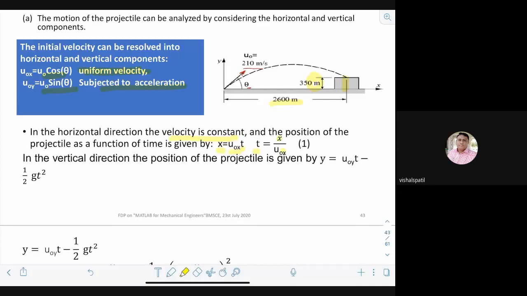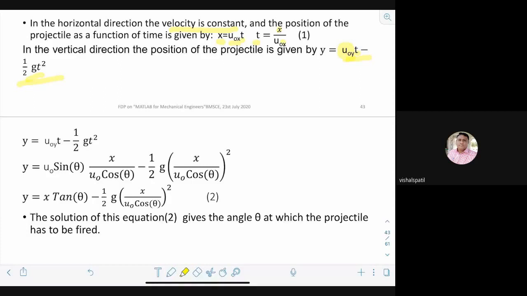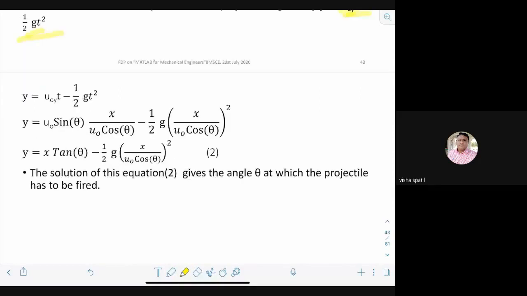But in the vertical direction, y is equal to ut minus half gt square is the expression. That should be applied for the vertical component. Therefore, it is u0y t minus half gt square.